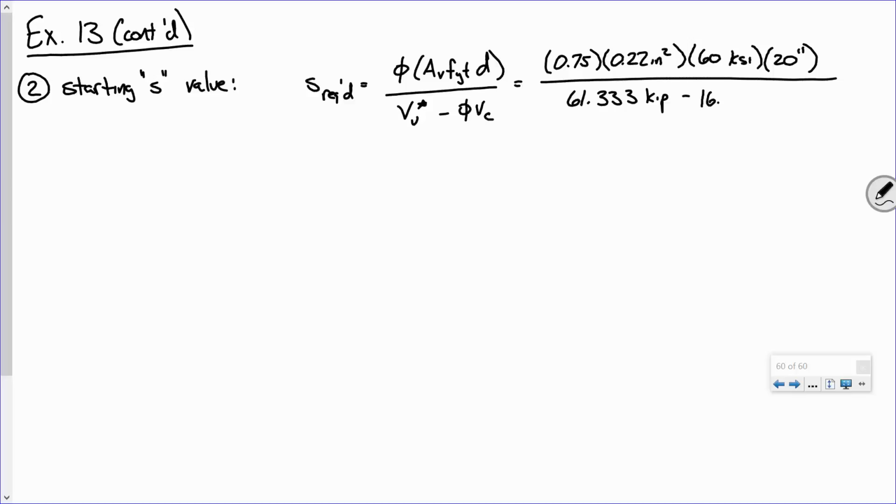There we go. So if you plug and chug, you're going to get what? Make y'all do some math. Okay. 4.41. So, you going to tell a contractor or a fabricator to use 4.41 inches of stirrup spacing? No. So what are you going to tell them? 4 inches.